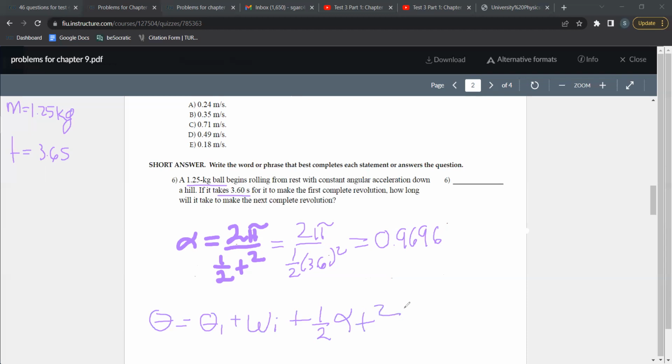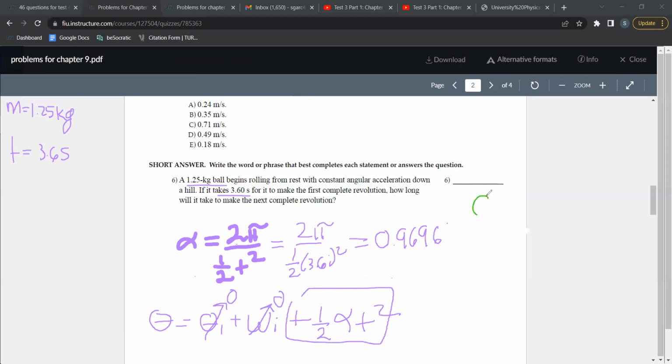Now that we have that set up, if we plug in, we know that the initial angle goes to 0, and so does the initial velocity, because it starts from rest with a constant angular acceleration. We're left with just this right here.